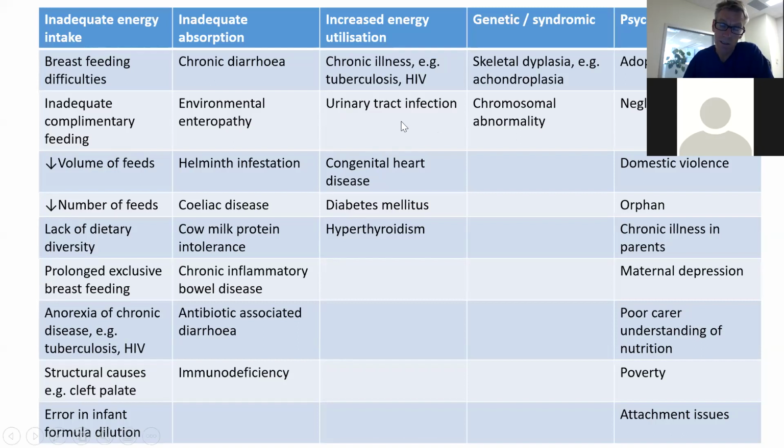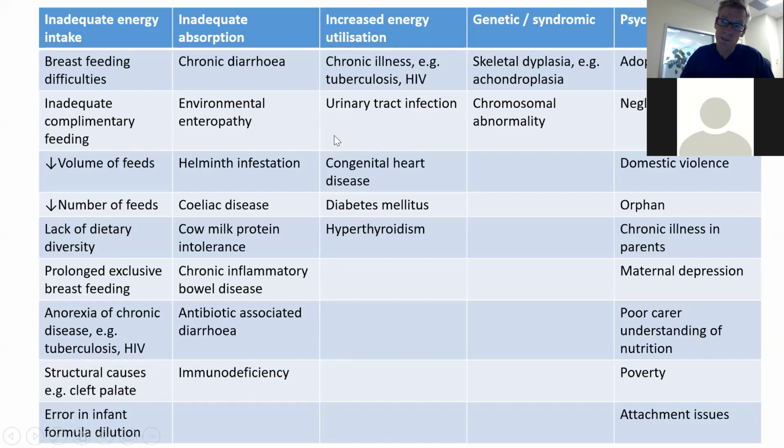But as I said, even relatively mild infections, such as a urinary tract infection, can lead to failure to thrive because of either increased energy utilization or because the baby feels unwell and doesn't feed as well as what they need to.